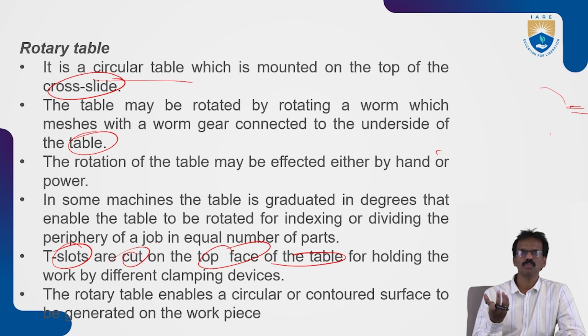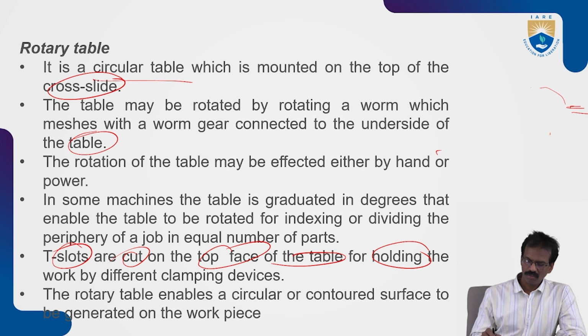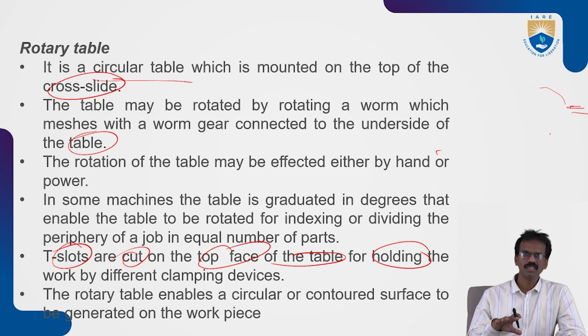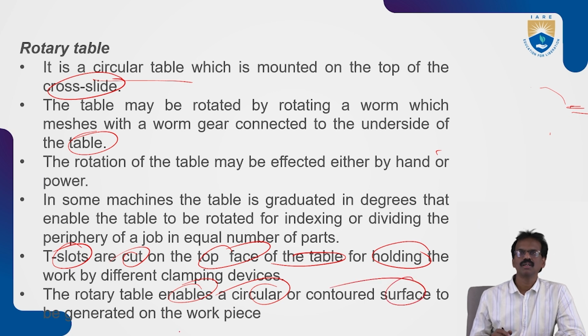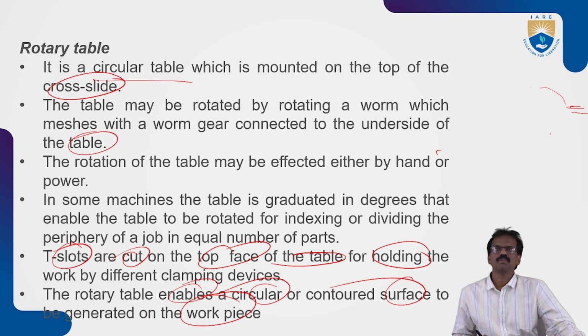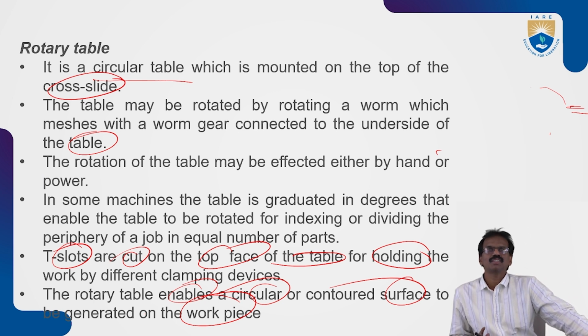By using some bolts, we can fix the workpiece on the table, or by using some holding devices or clamps to fix the workpiece rigidly on the table. The rotary table enables circular or contoured surfaces to be generated on workpieces. This is the main advantage of the rotary table.